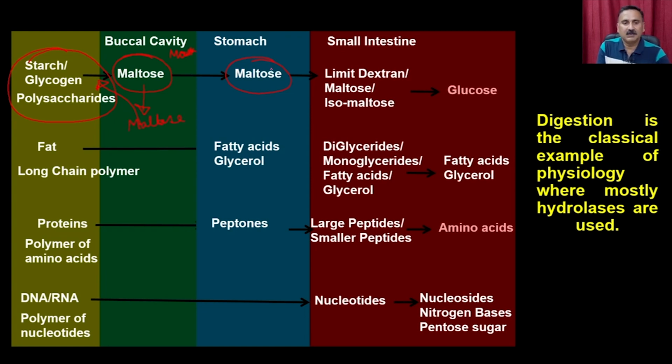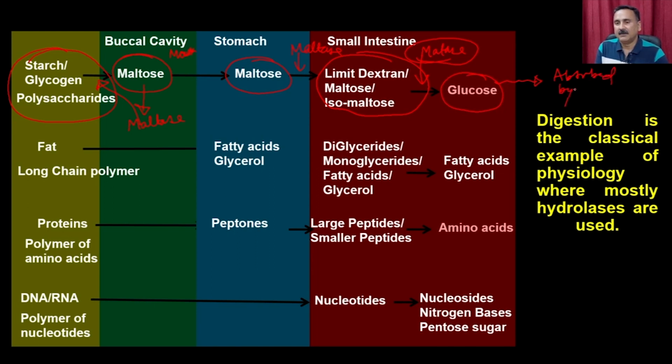Once the maltose enters the stomach, from the stomach it is going to be converted into these products, and there are some enzymes like maltase, which is going to convert the maltose into the limit dextrin, maltose and isomaltose, and from here it is again going to act on the maltase, and that's how it is going to be converted into the glucose molecule, and that's how the glucose is going to be absorbed by the alimentary canal.